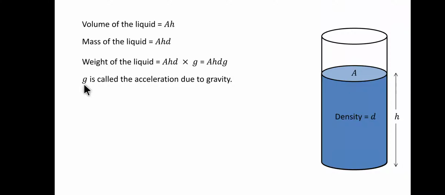So we can say that g is the factor because of which the gravity works on any mass of a body, and that creates the force or the weight of any given body.